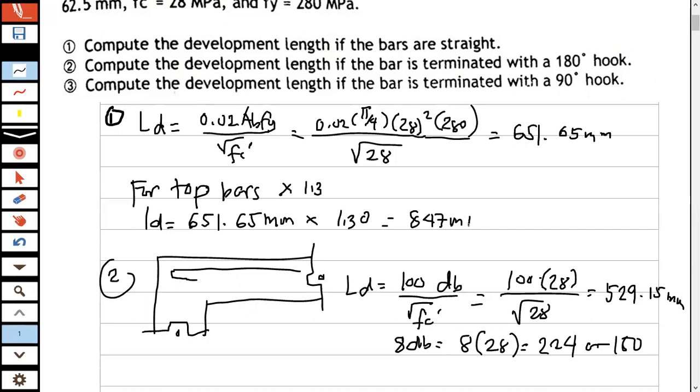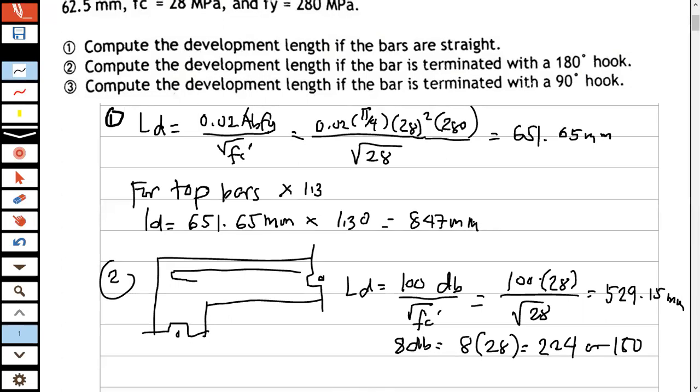Okay, 224 or 150 millimeter. So, okay lang kasi minimum 224, our computed one is 529.